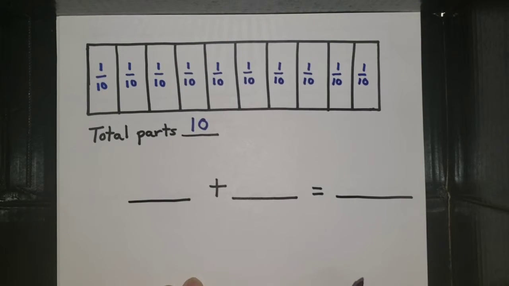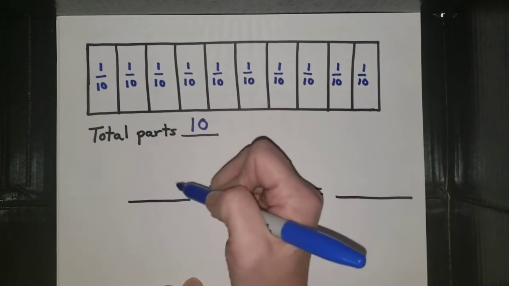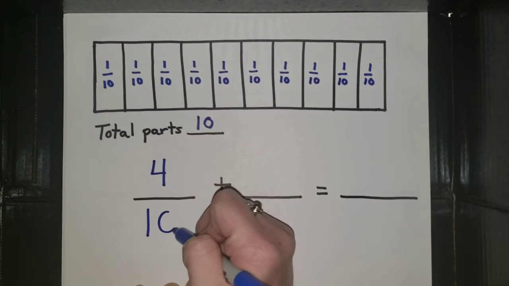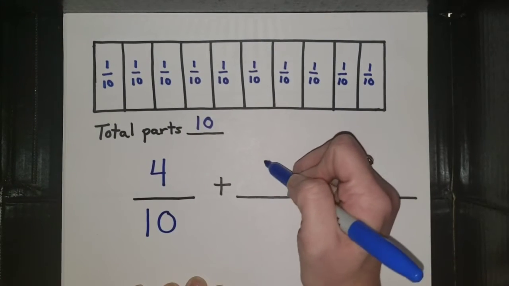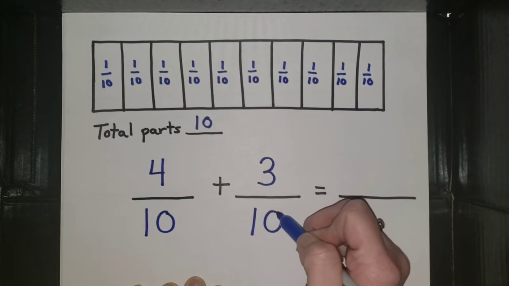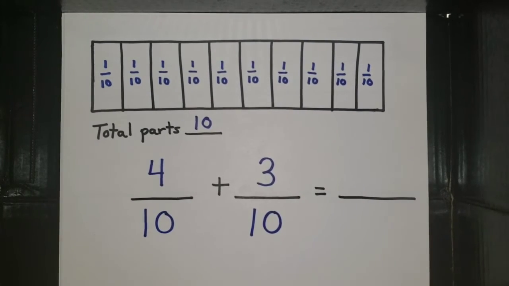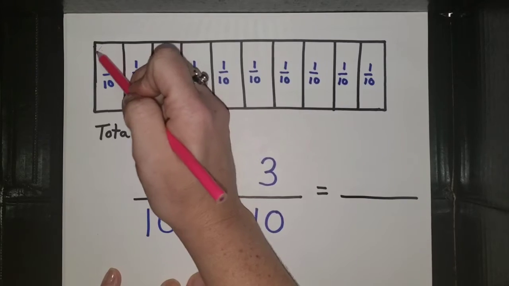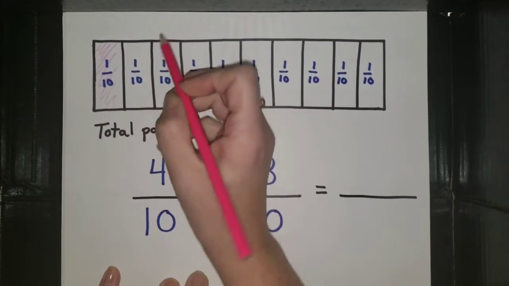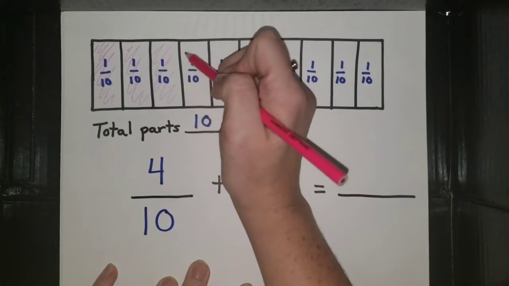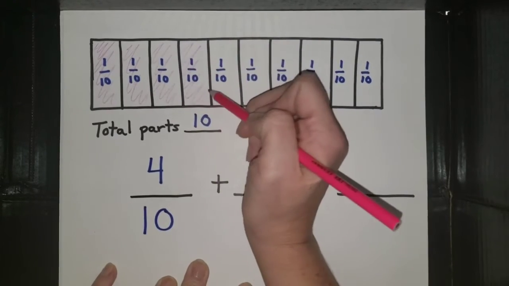Now we are going to add. Let's add 4/10 and 3/10. Now, to show 4/10, we are going to shade in 1, 2, 3, 4.